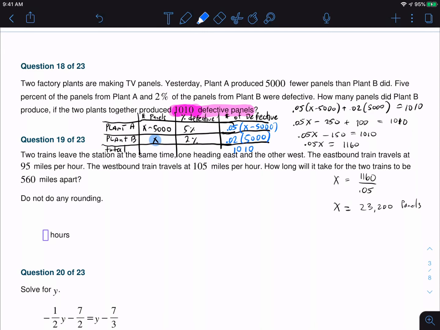It's x, but I put 5,000. So this is where I messed up, that should have been 0.02x. So that should be an x. Does that make sense? So sorry. So let's fix it. I bet you will get the right answer. 0.02x.